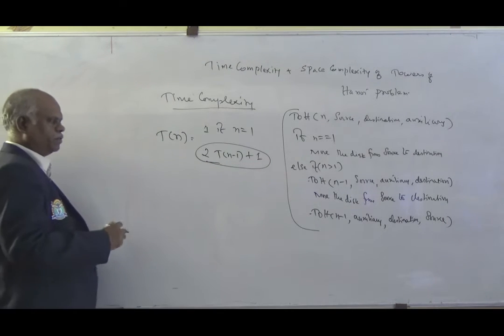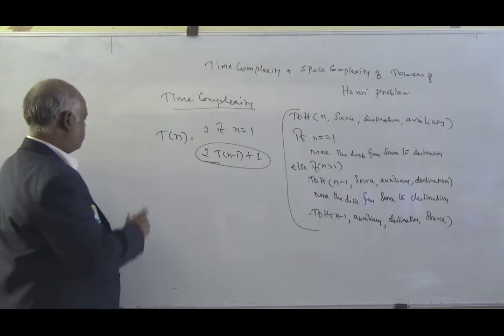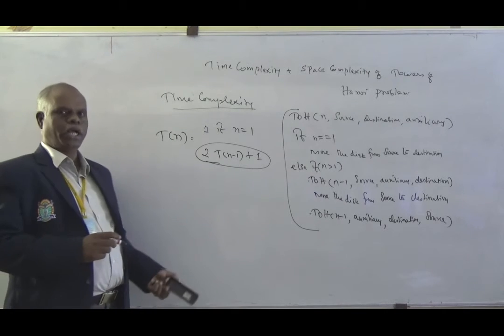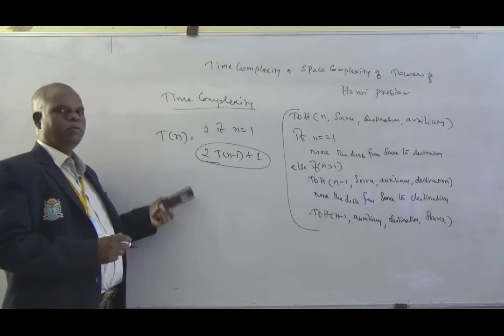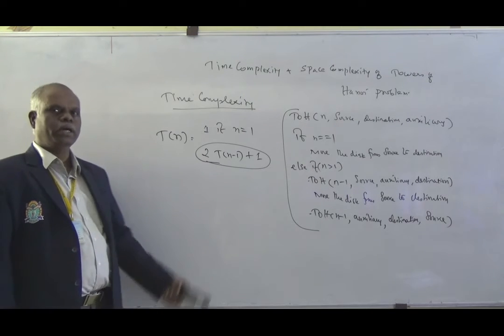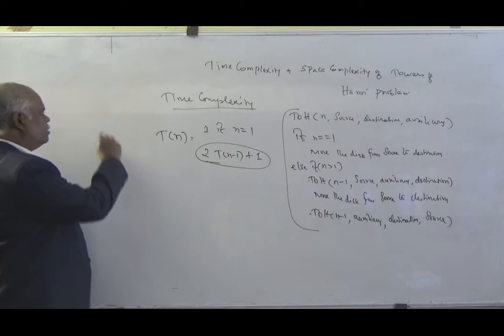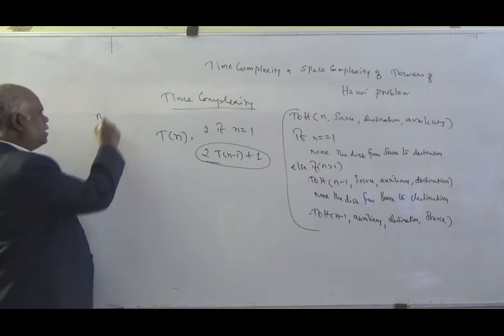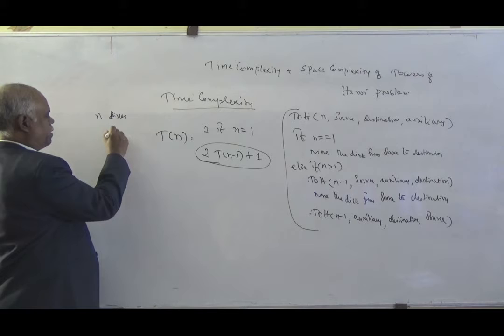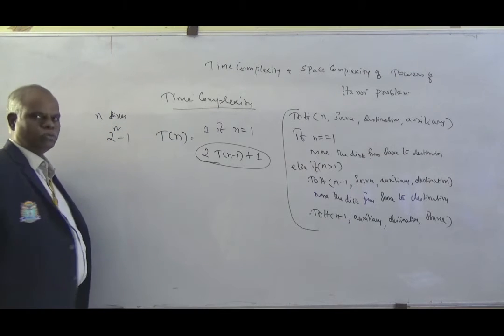In part 1, we discussed the formula to calculate the number of moves required if the number of disks is given. If you watched part 1, you can easily say that if there are n disks in the towers of Hanoi, the number of steps required is 2 to the power of n minus 1.